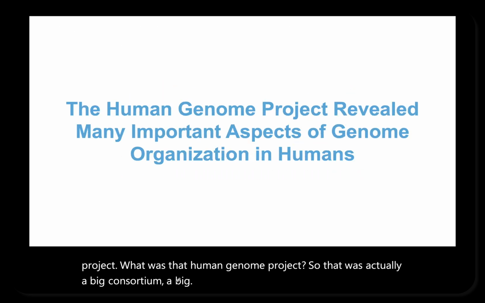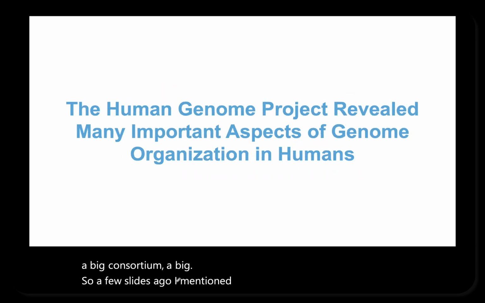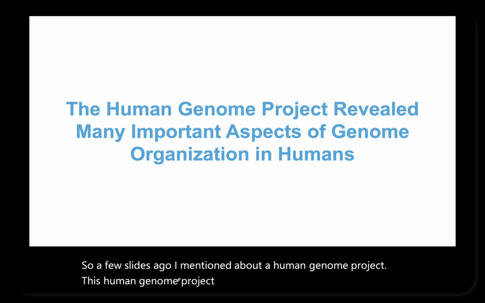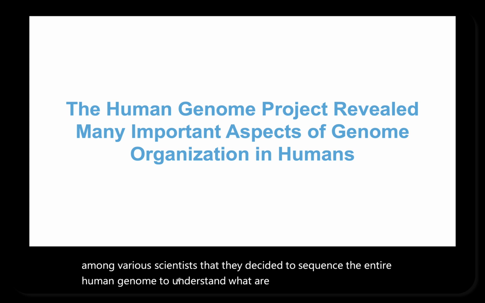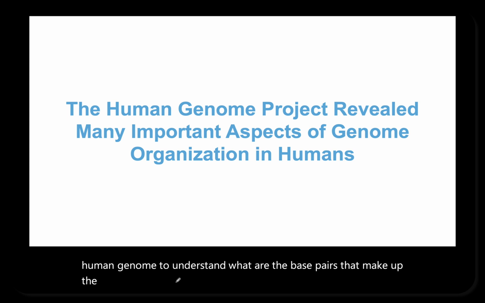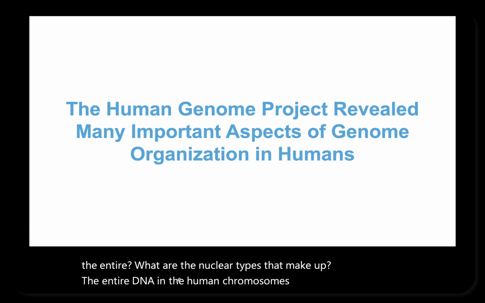So a few slides ago, I mentioned the Human Genome Project. This Human Genome Project was a big consortium among various scientists who decided to sequence the entire human genome, to understand what are the nucleotides that make up the entire DNA in the human chromosomes, in all those 23 pairs of chromosomes.